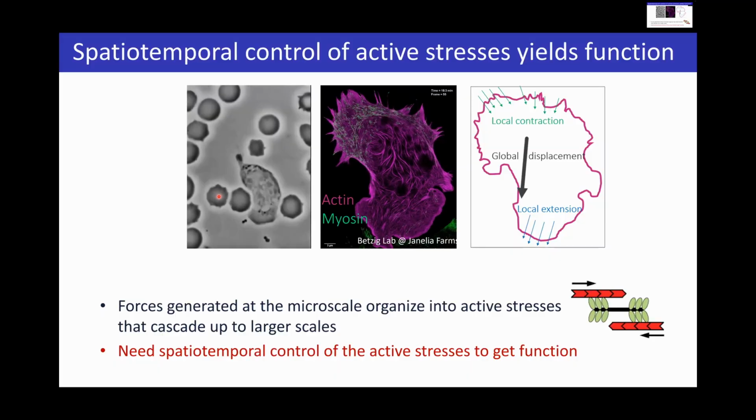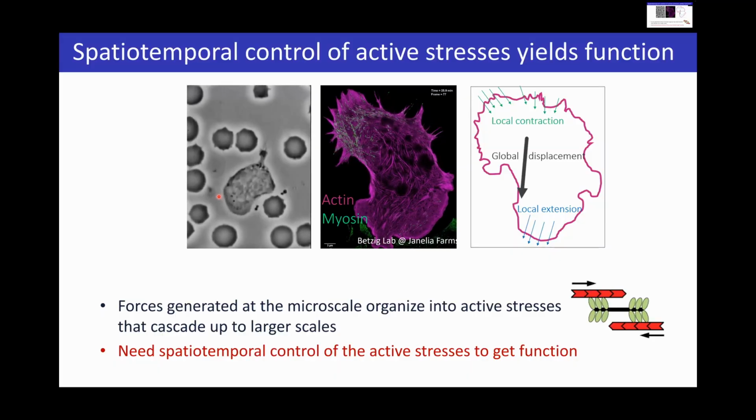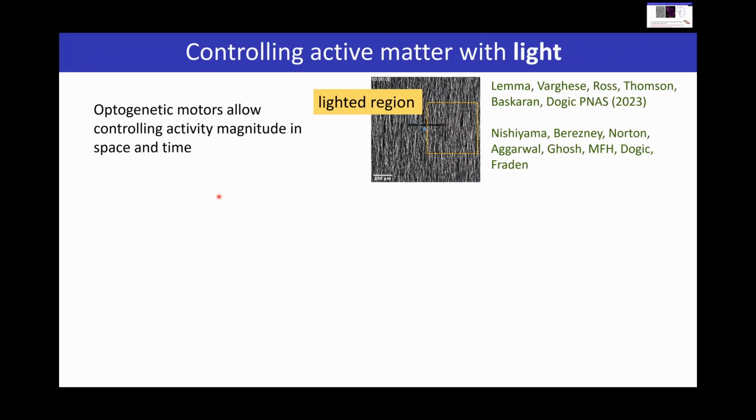And recently that has become possible technically, experimentally. For example, in the context of active nematics, there are now optogenetic motors that become active only when light is shown on them. And so in the example here, in the yellow box, light is being shown and the system is active. It's dark outside of that box and the system is inactive.